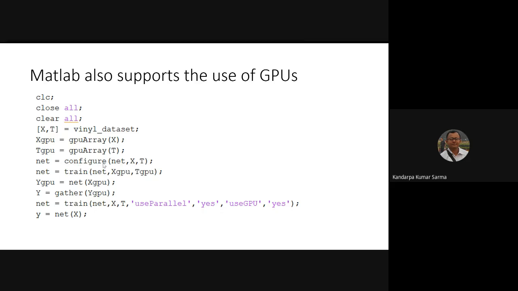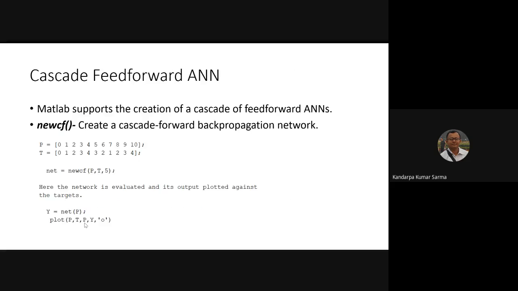So you are configuring it, training it, displaying it, or simulating it, gathering the values, and then you are running it with parallel processing and use GPU together. And then once the training part is complete, you are simulating. So it shows us clearly how GPUs and parallel processing can be used together.